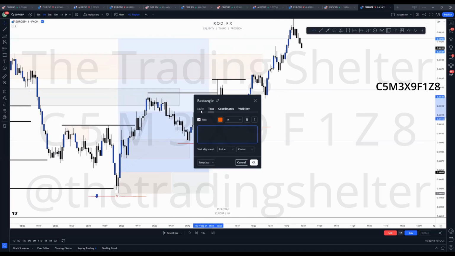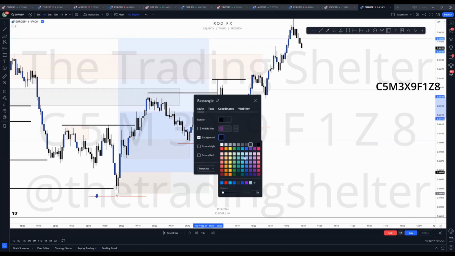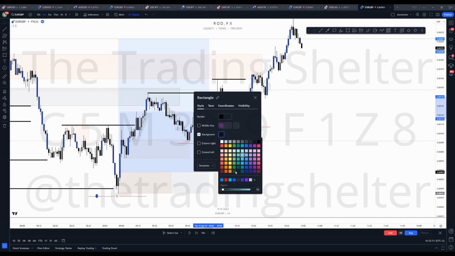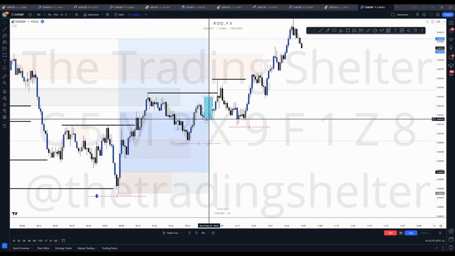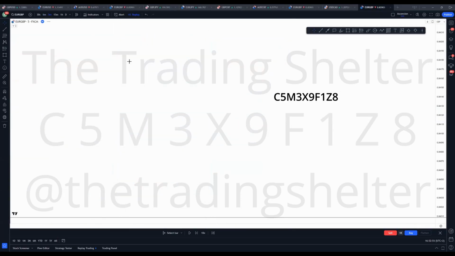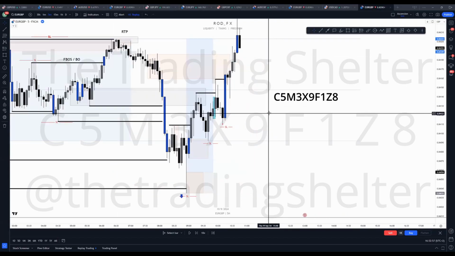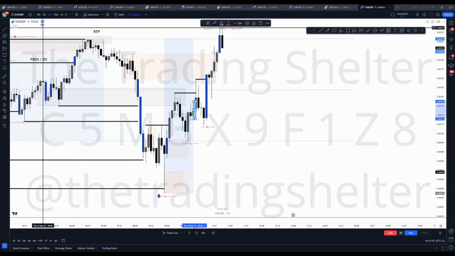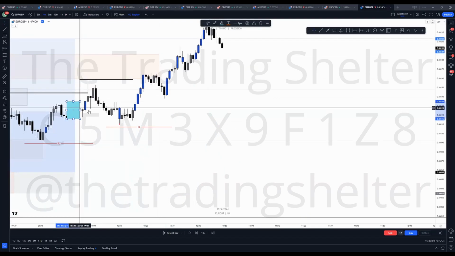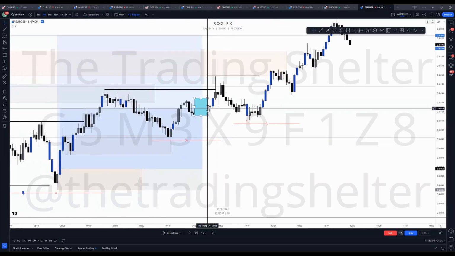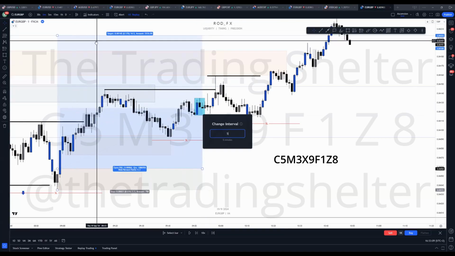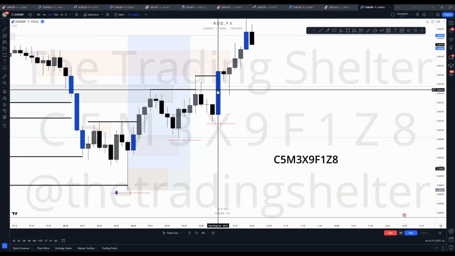Star, background, this thing. This technically should be a candle. Ah, I'm wrong. It's this one. Ah, okay, sorry, the one before. I don't even know how to count to five.